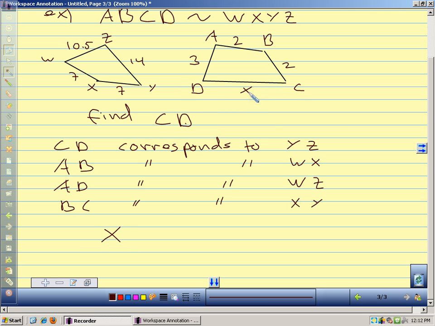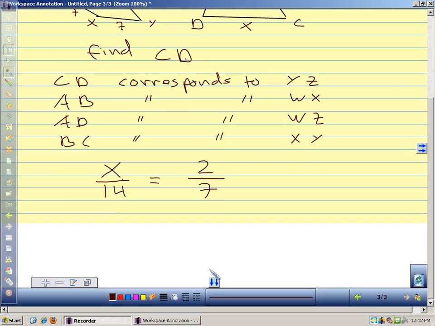Make a ratio with its corresponding side, YZ, which is 14. x over 14 has to be the same as the ratio of any other two corresponding sides. So let's pick AB. AB is 2. And we're going to match that up with WX. WX is 7. They have to be the same ratio because they're similar.